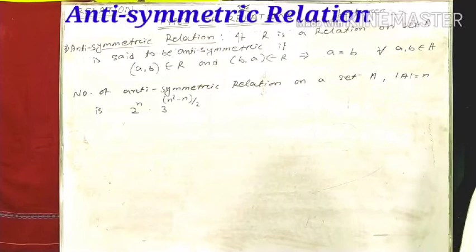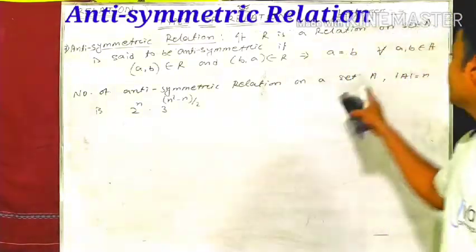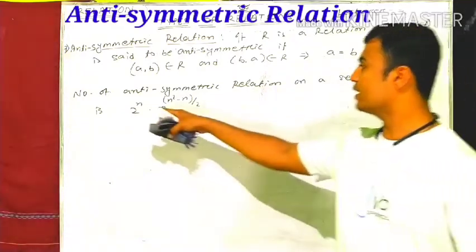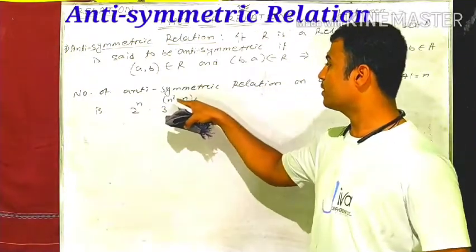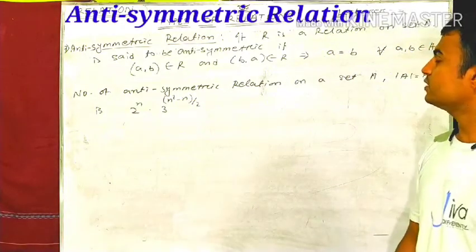Now you know the number of anti-symmetric relations on a set A whose cardinality is n is 2 to the power n into 3 to the power (n squared minus n) by 2. So this is the number of anti-symmetric relations.